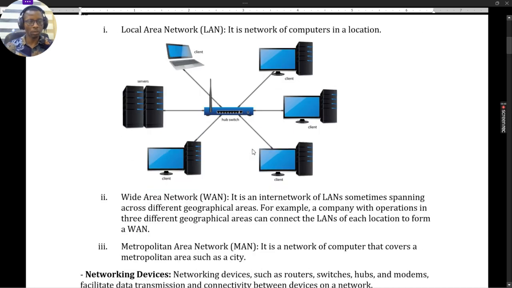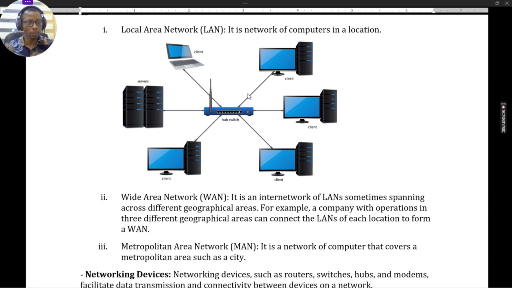This is a pictorial representation of what it may look like: a hub or a switch connected maybe to a server or to a client or a laptop or a desktop, and all these computers can communicate because of this linking device. Last week we talked about communication devices. This is one of the communication devices.